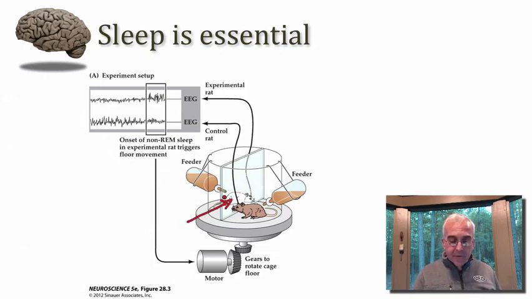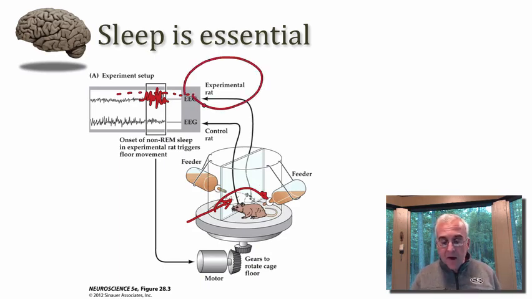And so whenever this mouse starts to fall asleep, we'll describe this in a little bit, there's a marked increase in the amplitude of this animal's brain waves. Well, once these brain waves hit some trigger point, they turn on a motor that causes this stage to rotate. And so what this means is that this experimental animal basically is being agitated whenever it tries to fall asleep.